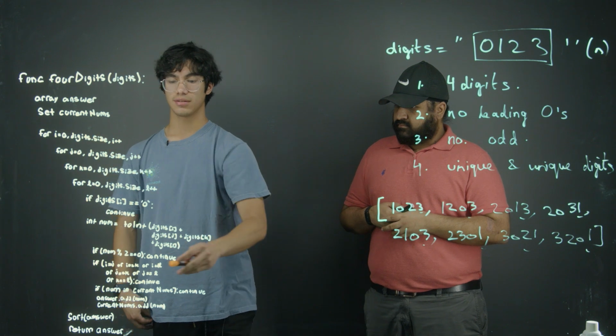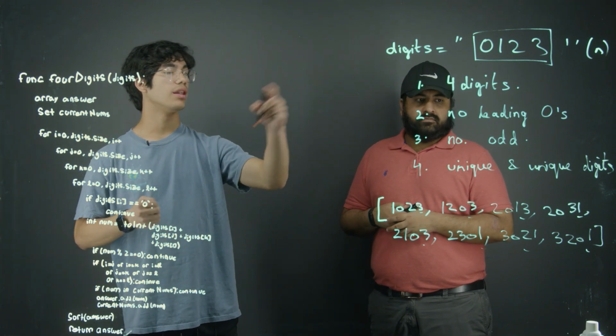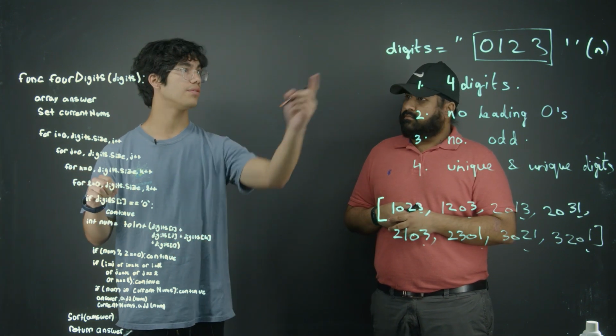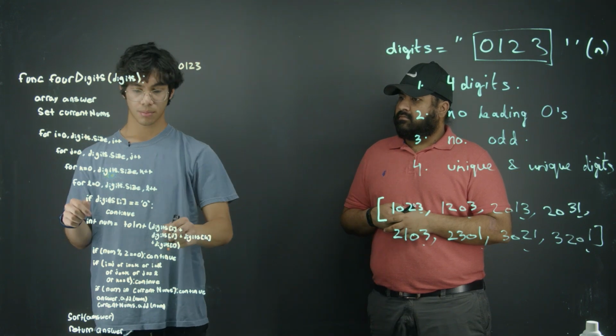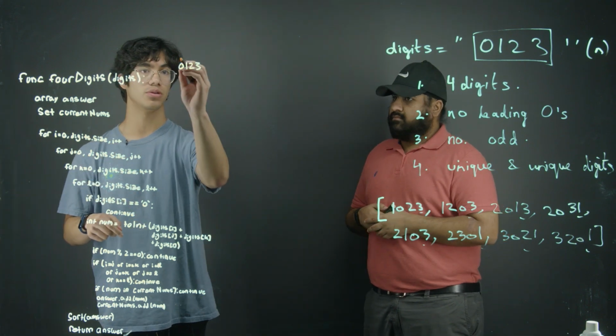So the first instance of where that is true is when i is equal to 0, and then j is 1, k is 2, and then l is 3. So we have just this 0, 1, 2, 3 here. But as you'll notice, digits[i] is equal to 0, so we would just skip that.